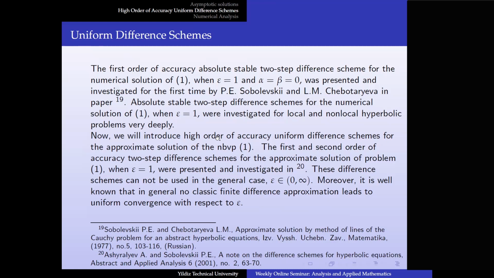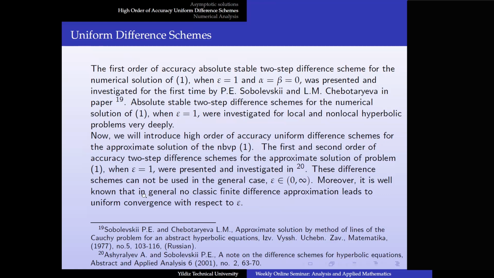Now we will introduce high order of accuracy uniform difference schemes for the approximate solution of non-local boundary value problem 1. The first and second order of accuracy two-step difference schemes for the approximate solution of problem 1 when epsilon equals 1 were presented and investigated in 20. These difference schemes cannot be used in the general case.